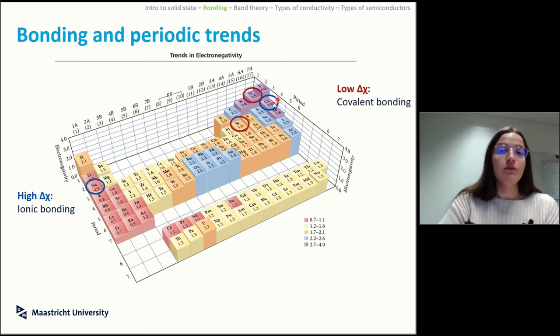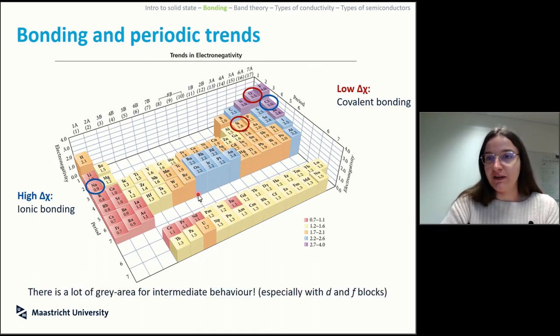But on the other hand, if you have a very low difference in electronegativity, then the bond will prefer to be covalent, because they are more nicely arranged that way. But the periodic table is very big and very varied, and there are a lot of intermediate points in which you ask, okay, but here, how does it count? And the question of how does it count is the gray area of intermediate behavior.